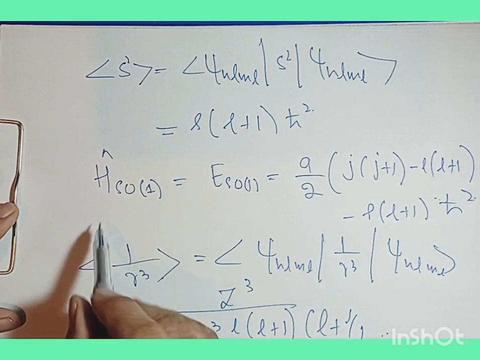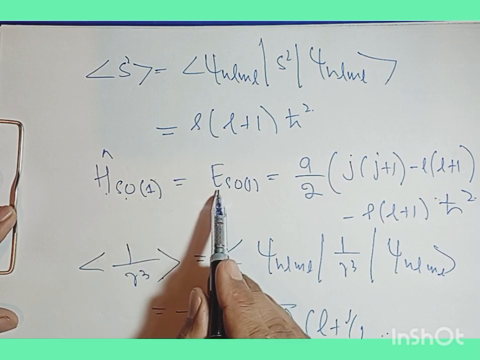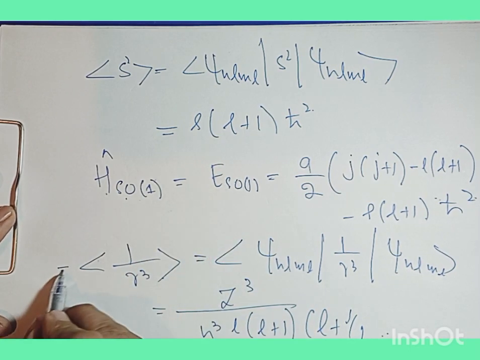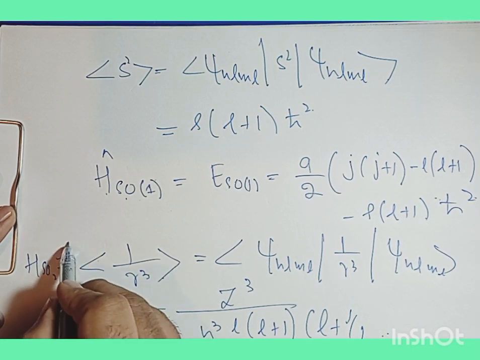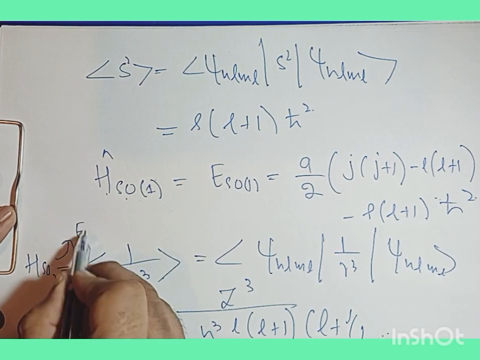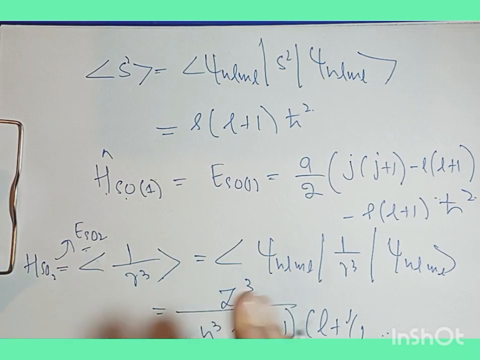So what we have is HSO1 and we have ESO1. Here I'll call it HSO2. When we have calculated its expectation value, this is ESO2. So we have an overall correction to the Hamiltonian in terms of spin-orbit interaction of electrons.